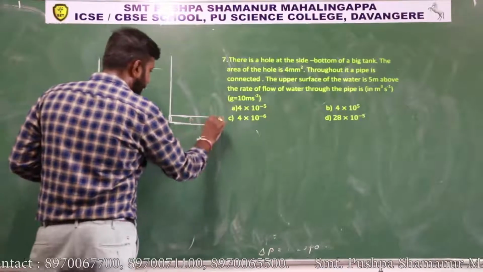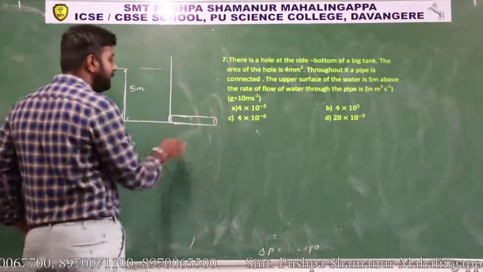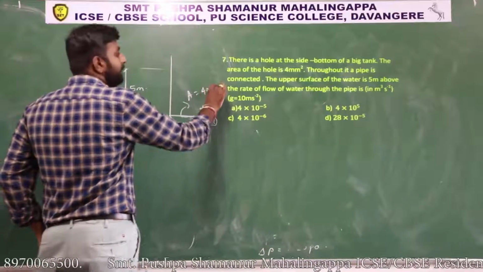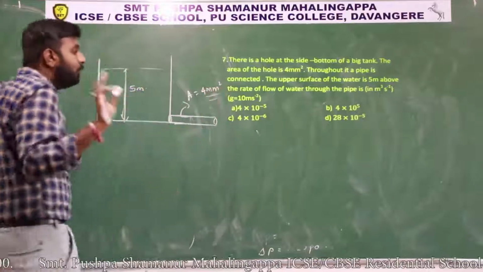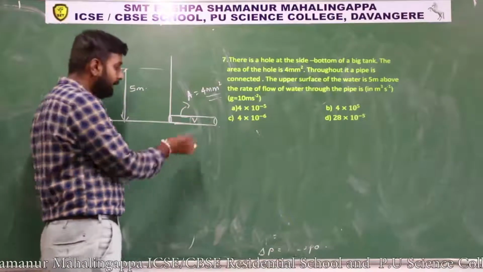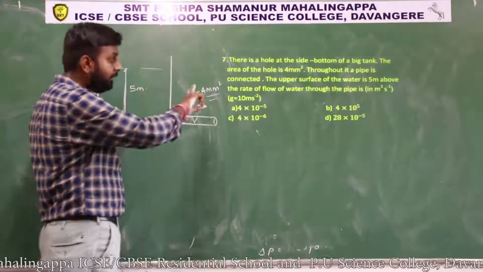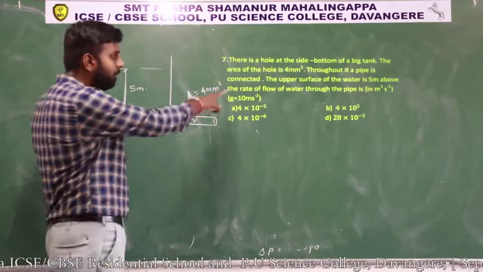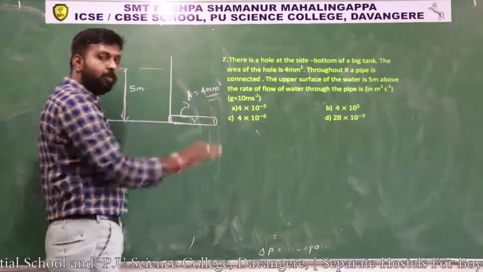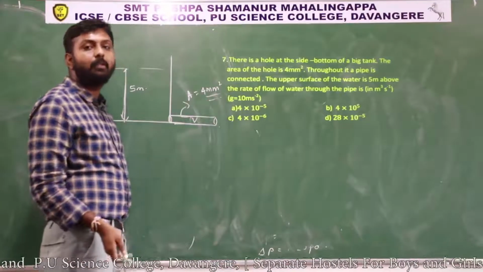For this pipe, the area of cross section is given, that is 4 millimeter square. We have to find the rate of flow of water, the volume flow rate, we have to calculate.